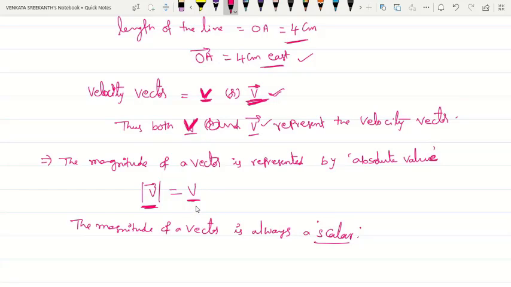Please try to recall: the magnitude of a vector is always represented by the absolute value. If you are writing the modulus of V bar, that value will become positive. This value is always positive. It can never be a negative value. Okay, my dear friends, I hope all of you understood this point also.